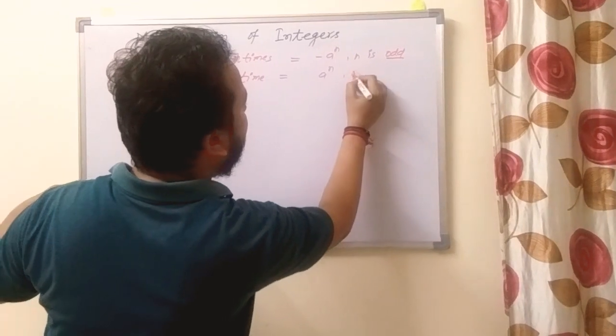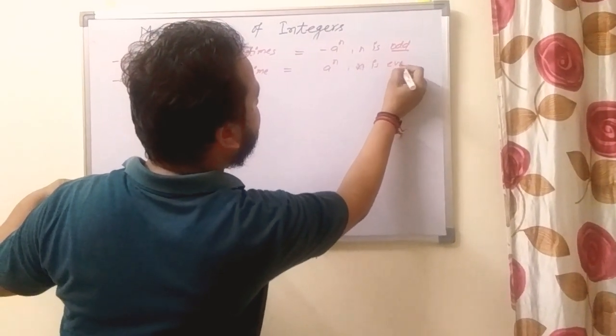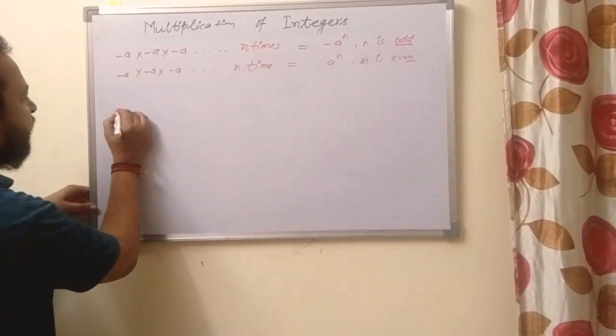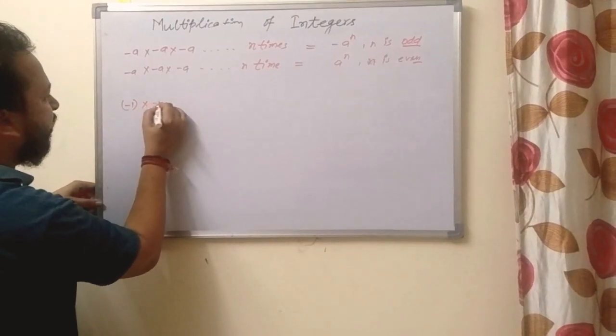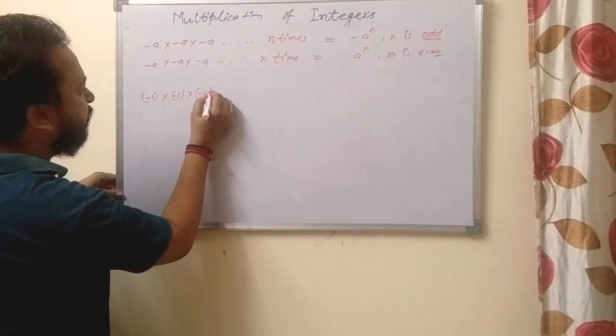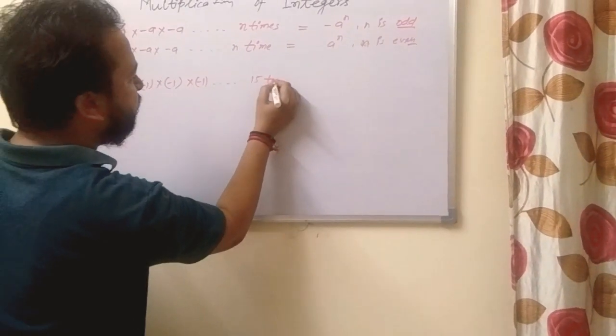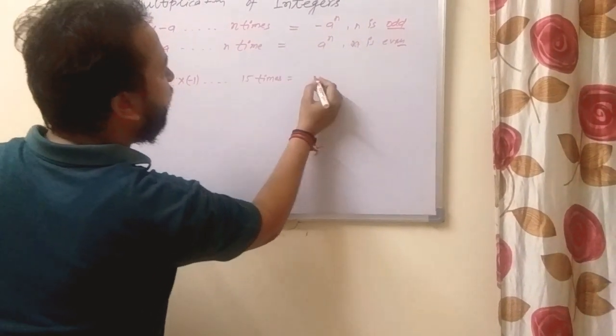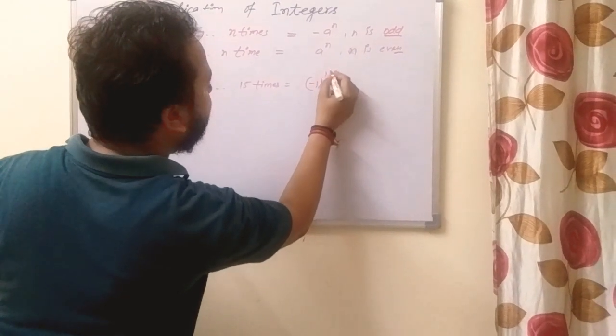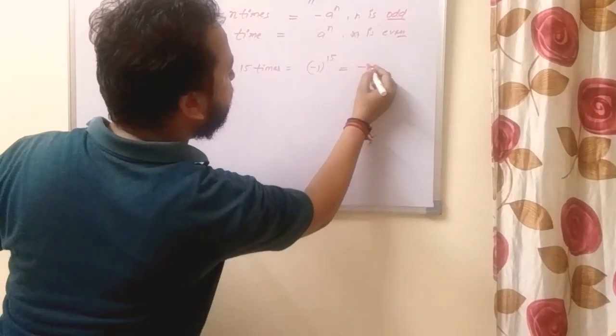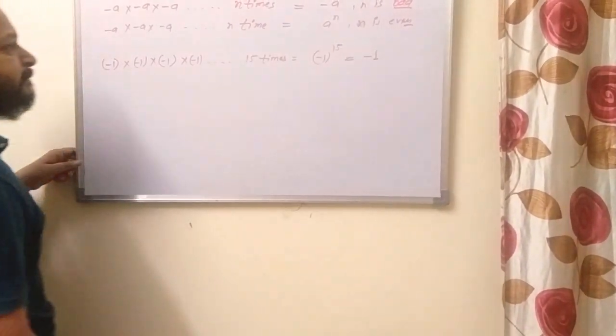when n is even. Suppose it is written as minus 1 multiplied by minus 1 multiplied by minus 1 multiplied by minus 1, 15 times. So the result is minus 1 to the power 15, that is minus 1.